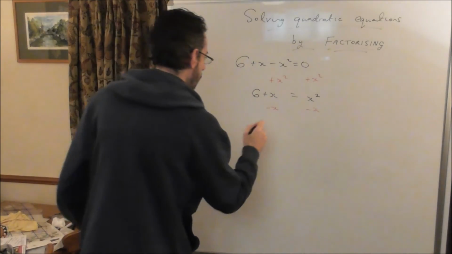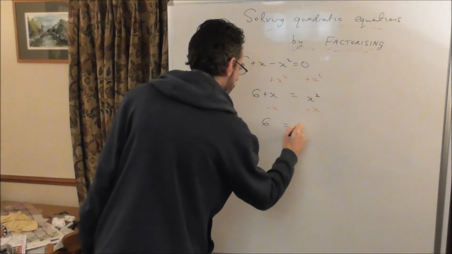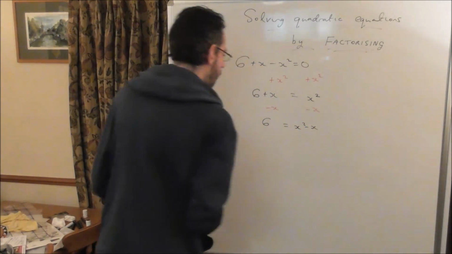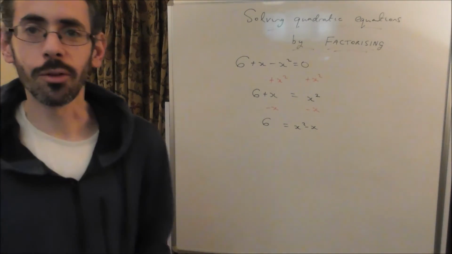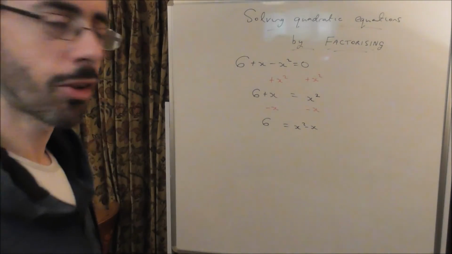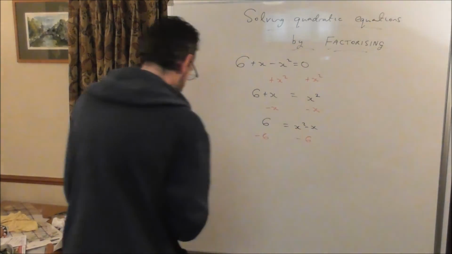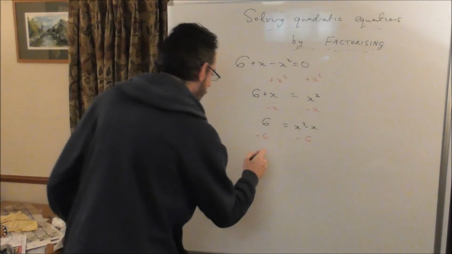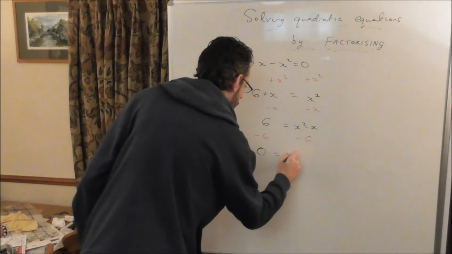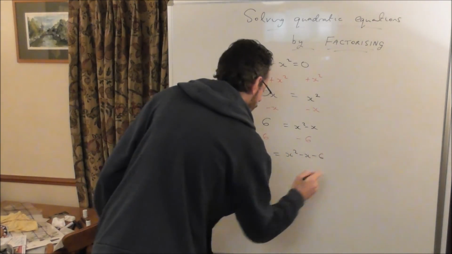So what we're left with is 6 on the left-hand side and x squared minus x on the right-hand side. And now to get 0 on the left-hand side, just take away 6 from both sides. So now we've got 0 on this side, and x squared minus x minus 6.